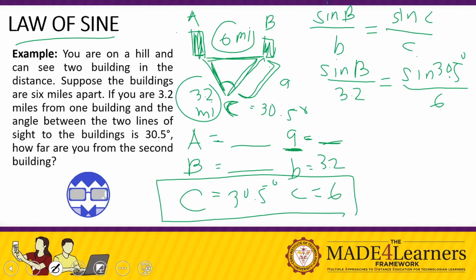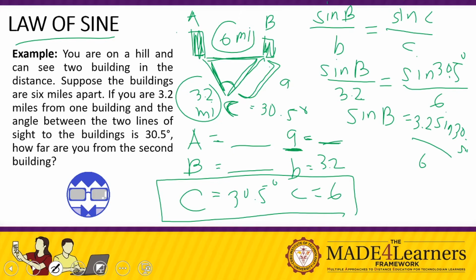Then cross multiply, so we have sine B equals 3.2 sine of 30.5 degrees all over 6. This will give us 0.27 something.